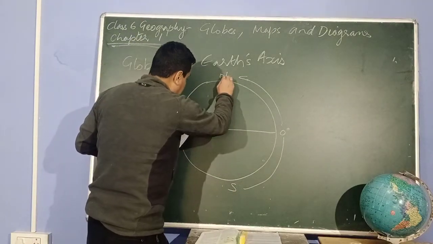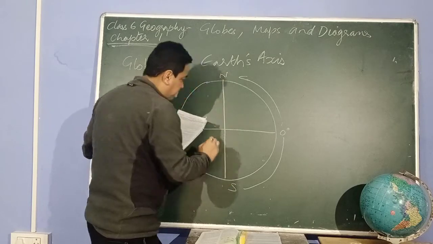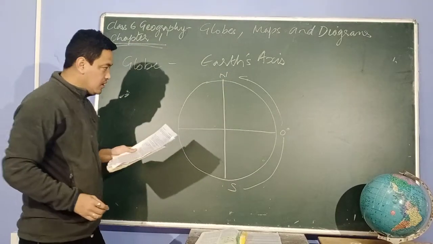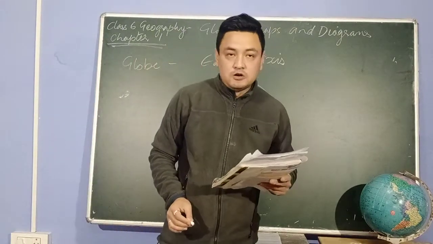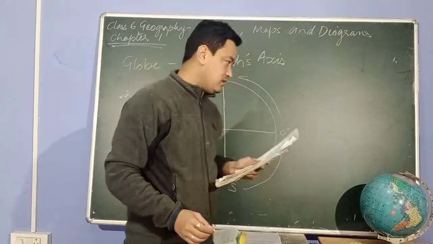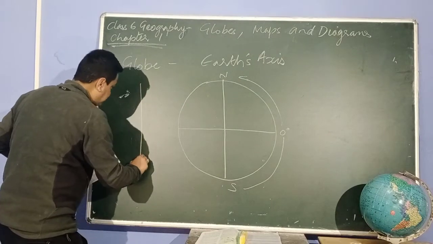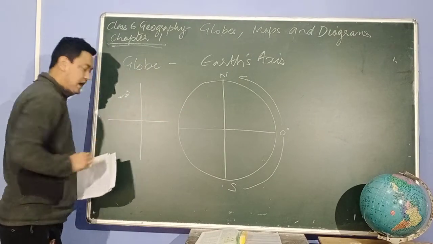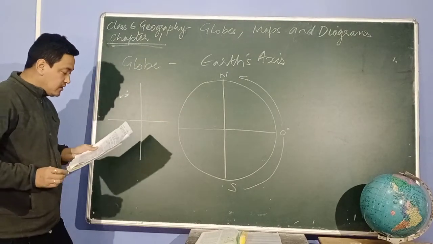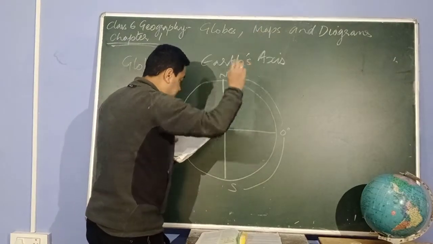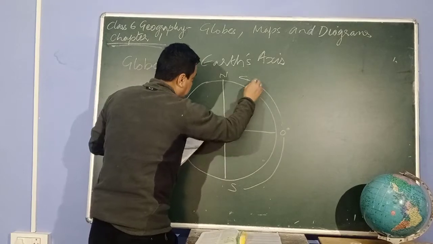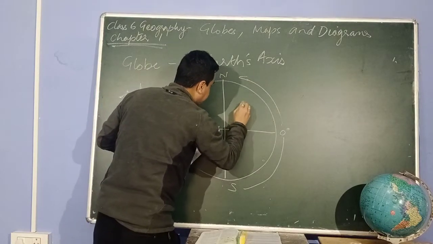Now I want to draw the Earth's axis. When we are drawing the circle, we find this is the path. But as you know, the axis of our Earth is not vertical. This is a vertical line. This is a horizontal line. It's not like this. The actual axis of the Earth is basically a little bit tilted from this side.